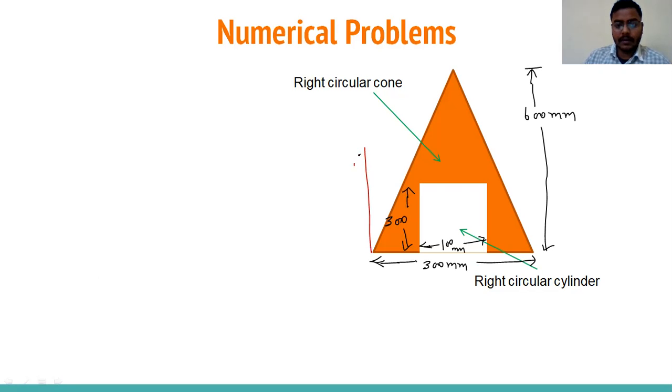So this I am taking as the y-axis, and this horizontal is the x-axis. How can we calculate? Again, we will take the whole part, and for the second we select a right circular cylinder, which is cut from this right circular cone. About this line, this figure is symmetric.